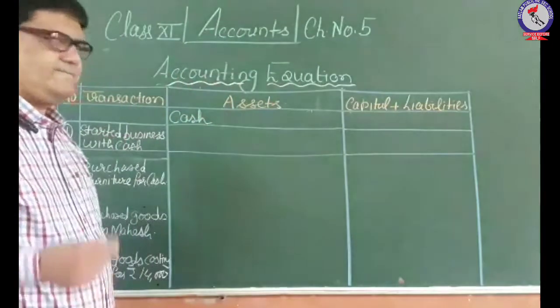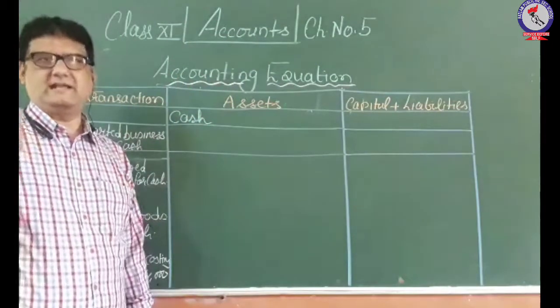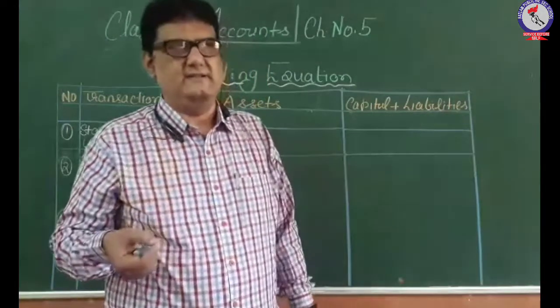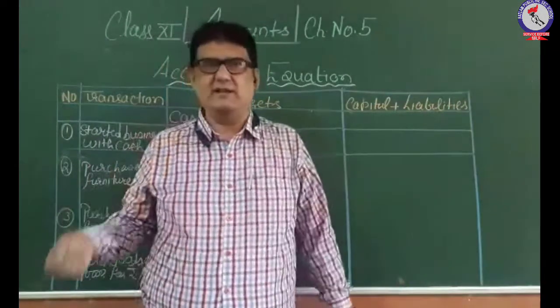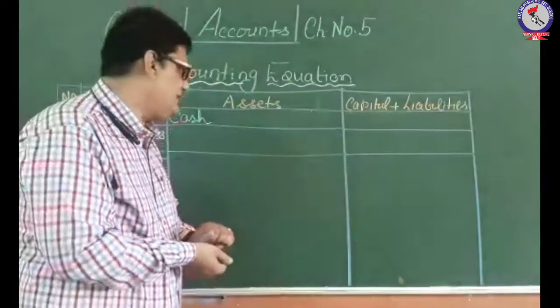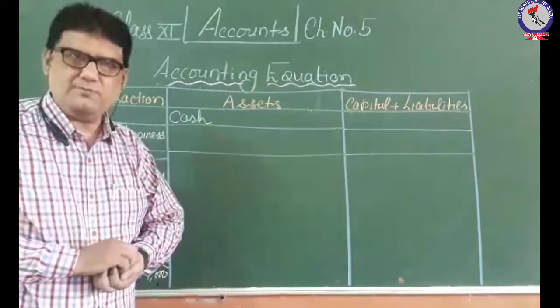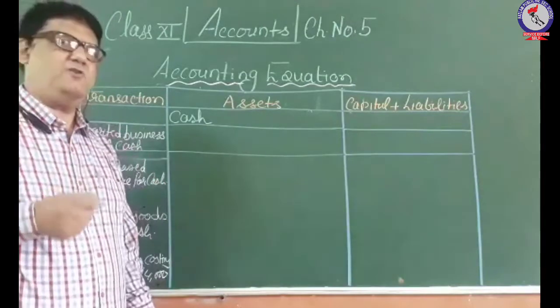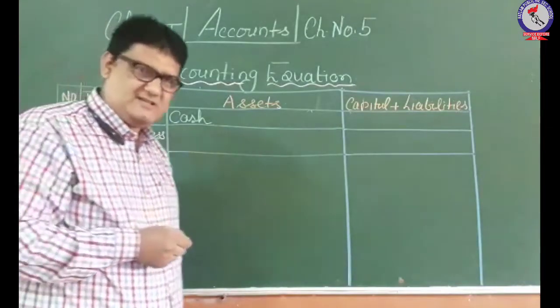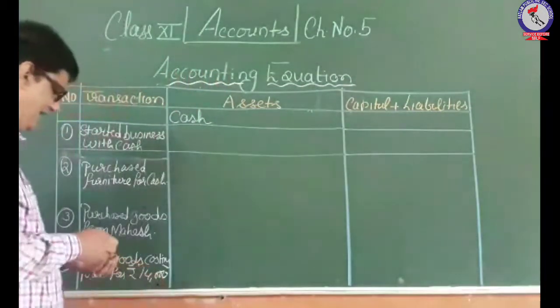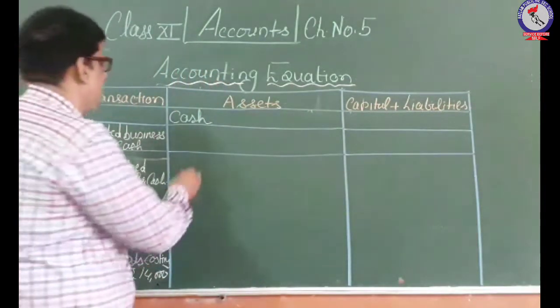Now the second thing: increase or decrease of the two heads. We have to see whether the amount has increased or decreased in these two heads. It is said that we started business with cash of 1,50,000 rupees, so we have brought 1,50,000 into the business. Ultimately cash will increase by 1,50,000 rupees.